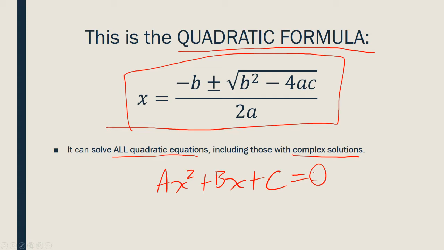So when I have a function like this that's set equal to 0, and it's in standard form, meaning the x squared is first, then the x, and then my constant, the coefficients or the numbers in front of each of those terms, represented by a, b, and c, I just plug into this equation in place of a, b, and c.